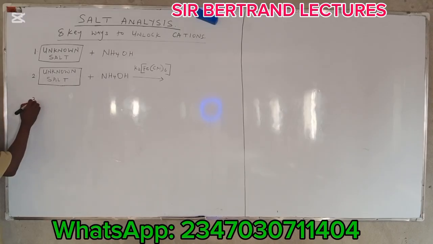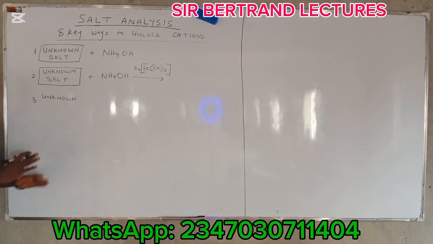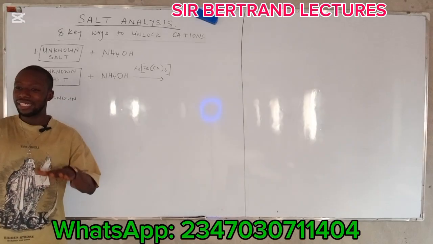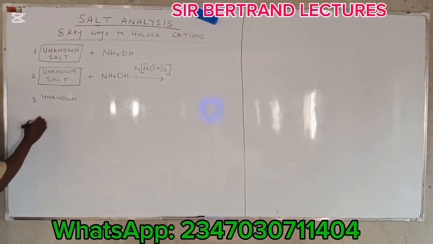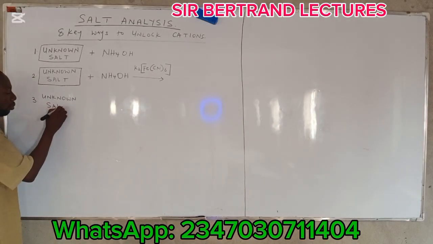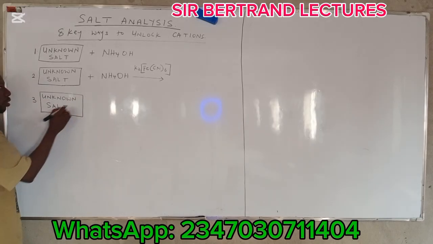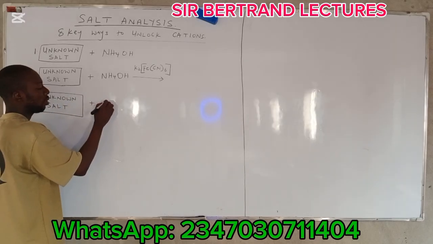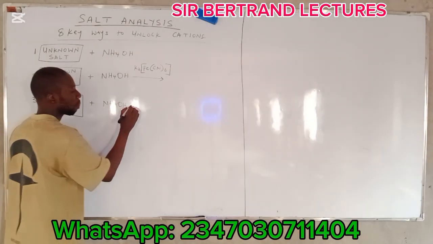The number 3, to an unknown salt sample, I'm making it this way so that you can easily understand it perfectly without stress. To an unknown salt sample, we add the same ammonium hydroxide.